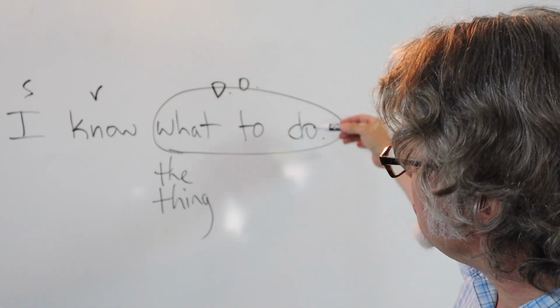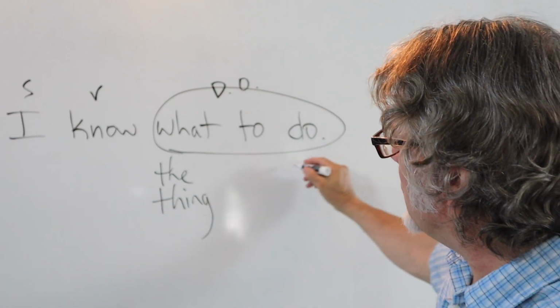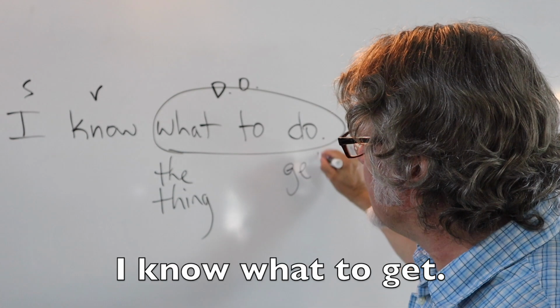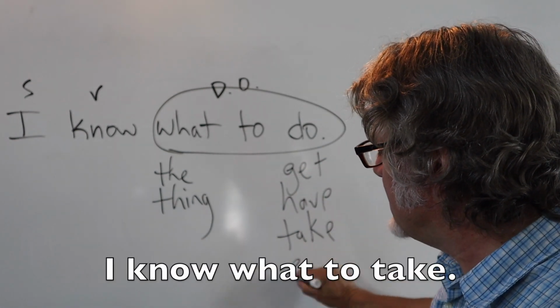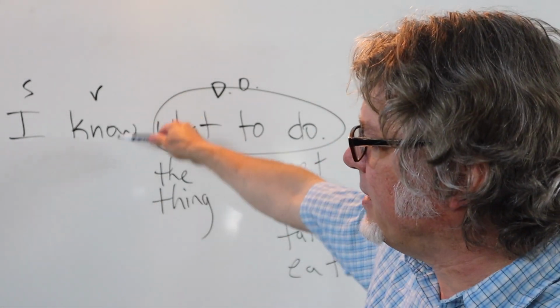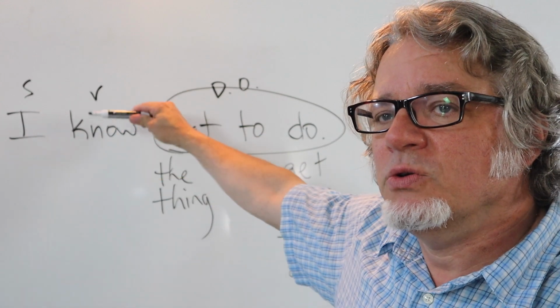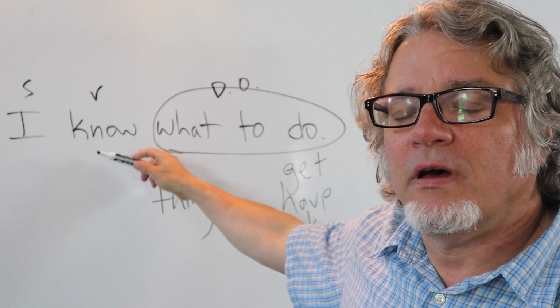It is possible to use other words here, other infinitives: what to get, what to have, take, eat. And over here, you can use other words that have something to do with thinking.